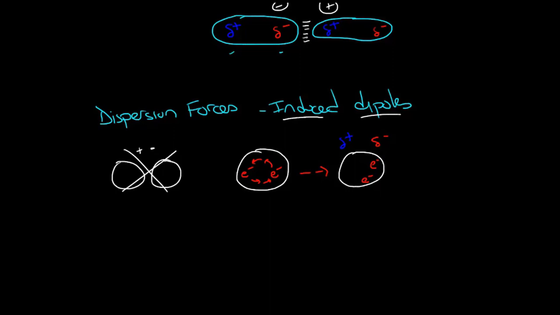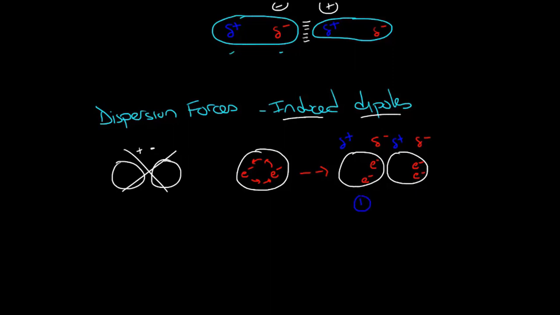So this molecule has a dipole that's induced by something else, and if it happens to come into contact with another nonpolar molecule, it can in turn induce a dipole in this next molecule. It can push the electrons of this second nonpolar molecule to one side or the other, giving it a temporary dipole as well.